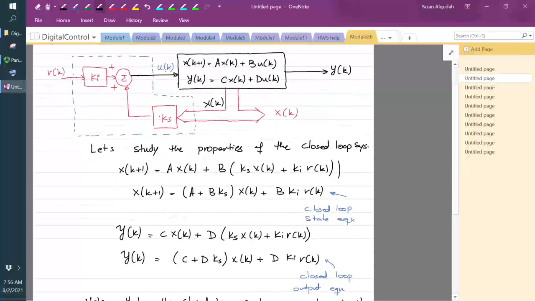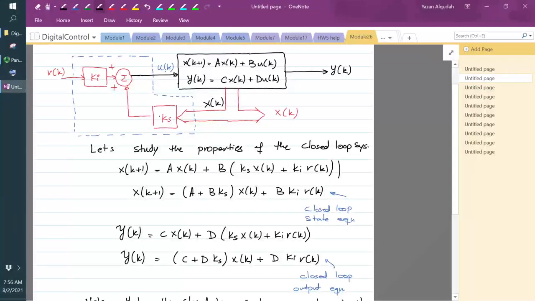Okay, if you look at the equations for the closed loop system, we have X of k plus 1 equal to A X of k plus B multiplied by U of k. Now we replace U of k with Ks multiplied by X of k plus Ki multiplied by R of k.